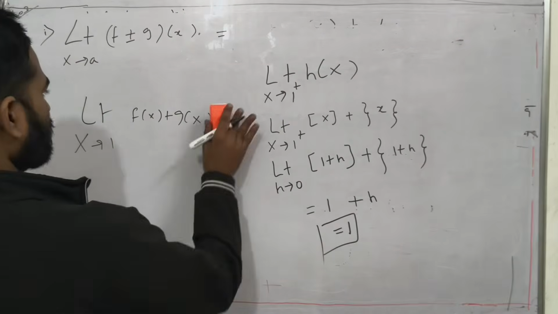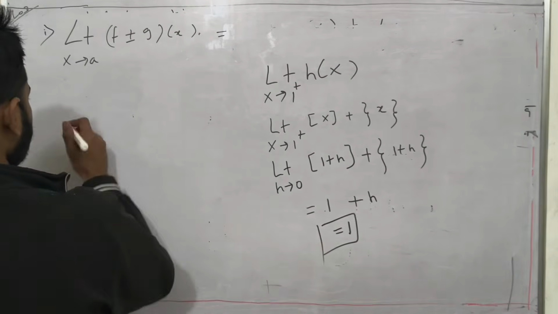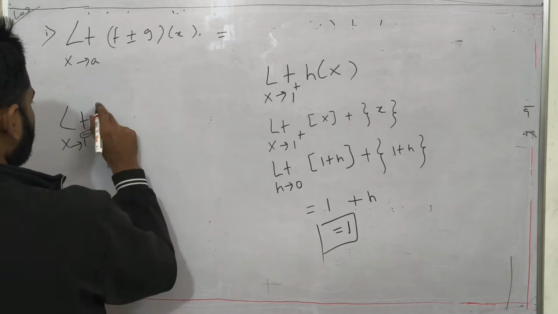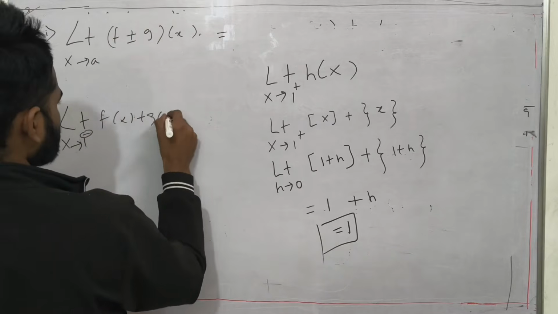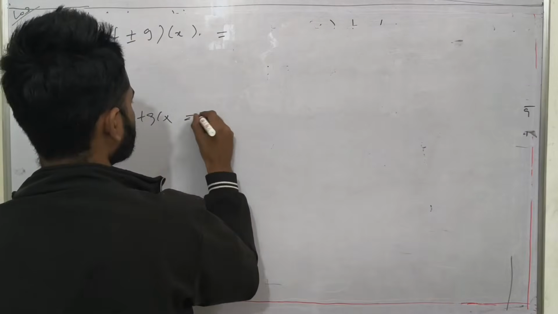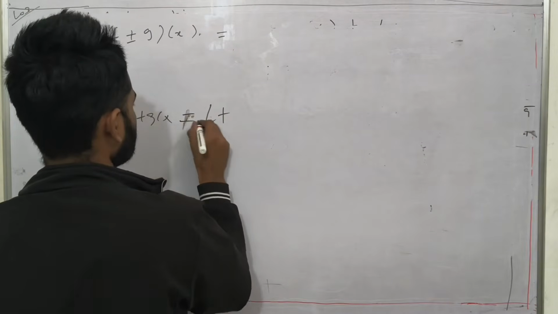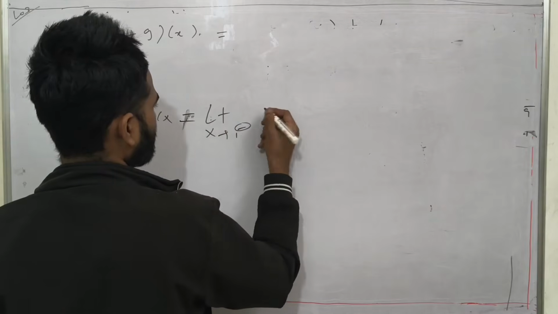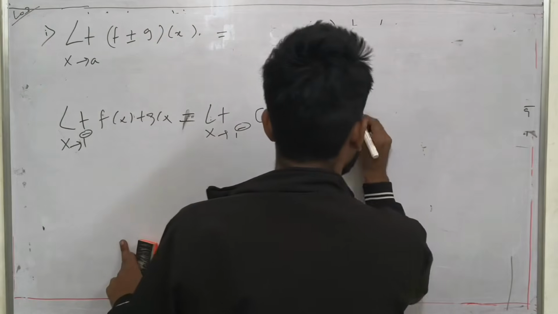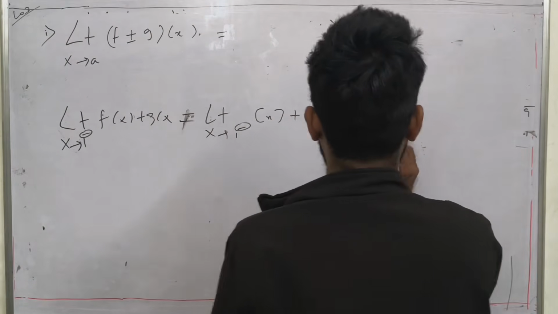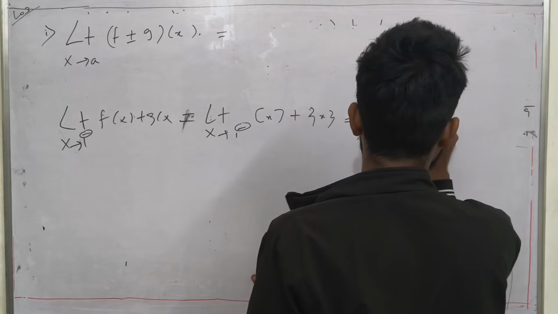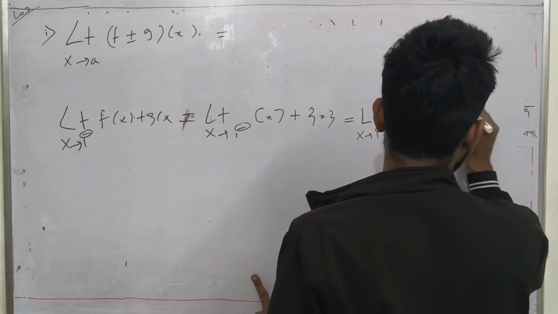So here, if you observe now, limit x tends to 1 minus of f of x plus g of x is what we got: limit x tends to 1 minus of step x plus flower part of x, which we consider as h of x, equals plus 1. ठीक है.